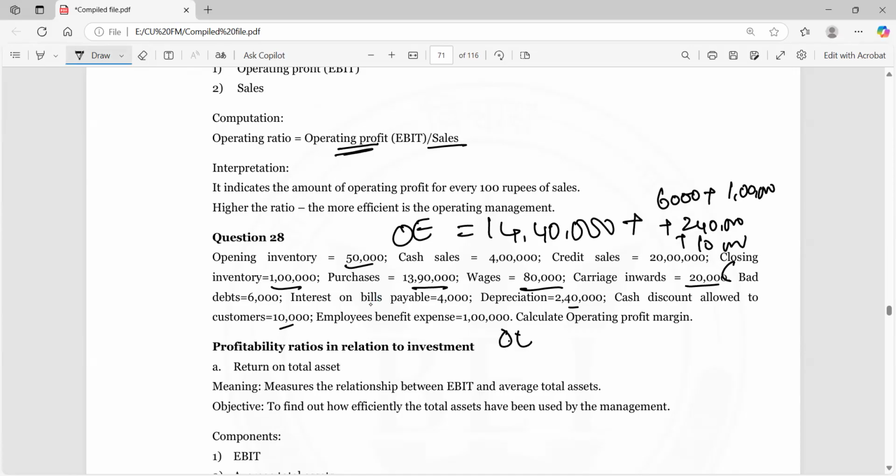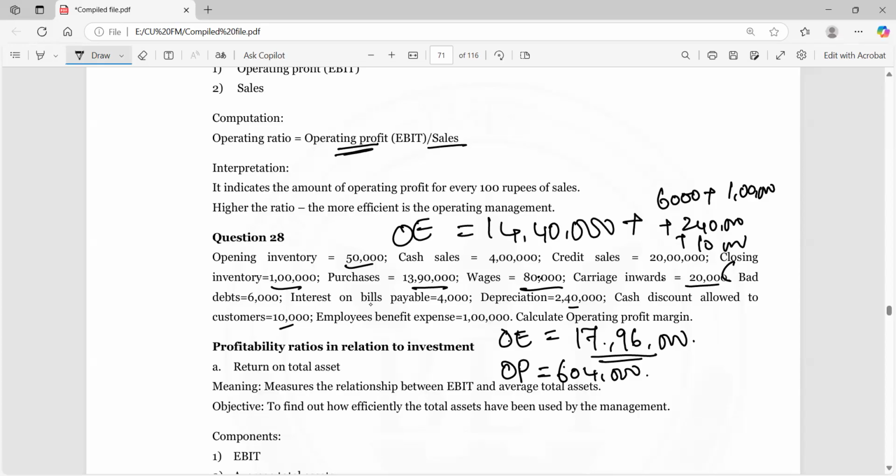So total operating expenses is equal to 17 lakh 96,000. So what is the operating profit? Sales minus operating expenses. Total sales is 24 lakh minus 17 lakh 96,000. How much operating profit? 6 lakh 4,000.